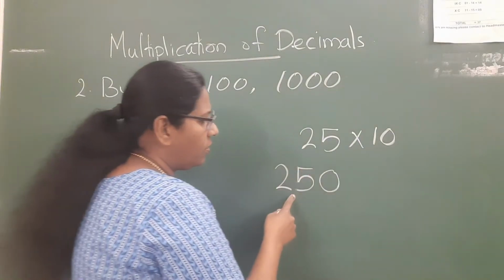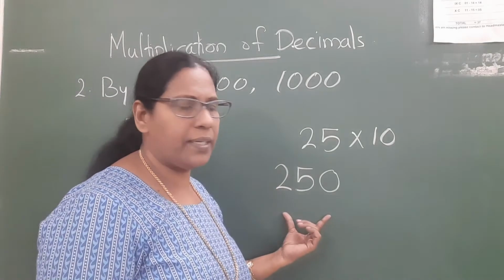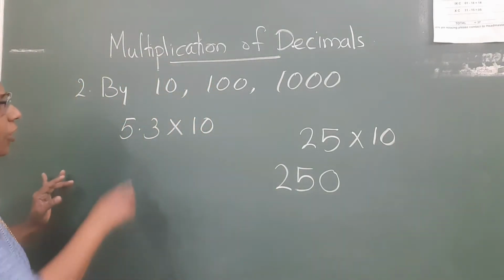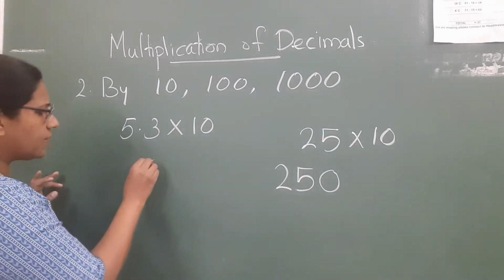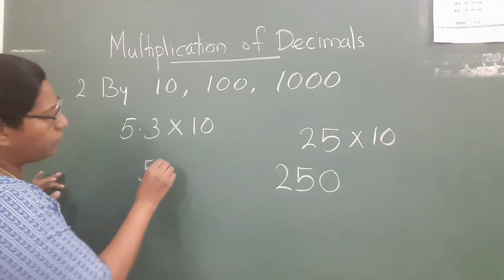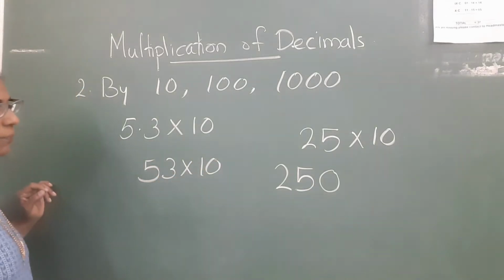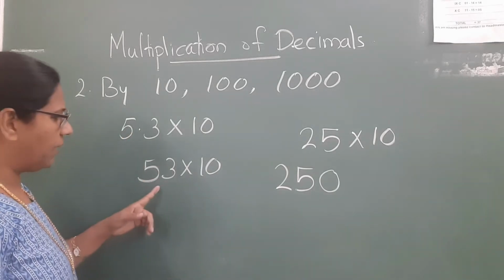This is a shortcut to do the multiplication by 10. The same way here we can do 5.3 into 10. What we should do is 53 into 10, because we are ignoring the decimal.